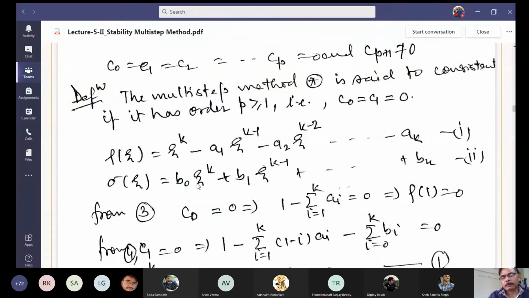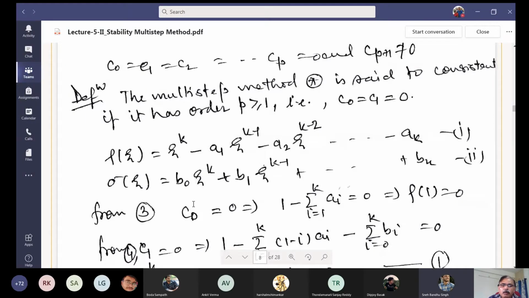If it is an explicit method, b0 will be 0. In general, we consider the implicit method, meaning b0 is not equal to 0. In case b0 is 0, that term will go off. That is the only difference.